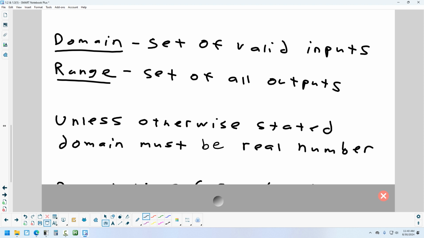Just another way of saying what I've already said to you. The domain, that's everything that you are allowed to plug into a function. The range are all the answers that you get when you plug those numbers in. And the only functions that are a little bit tricky to find domain are square roots and problems where you have a fraction with a variable in the denominator.